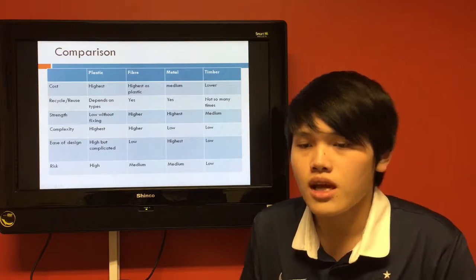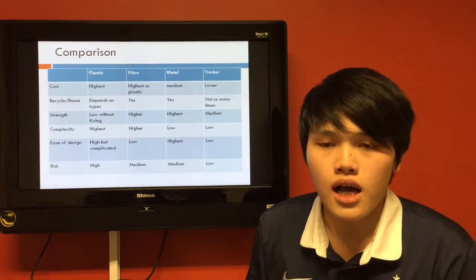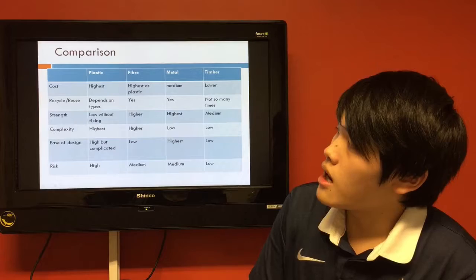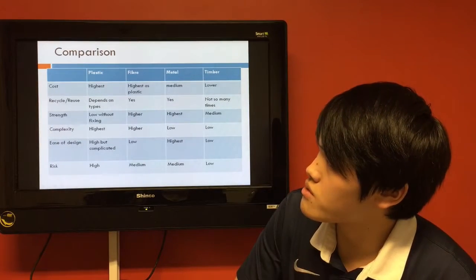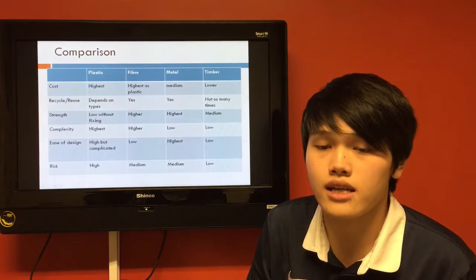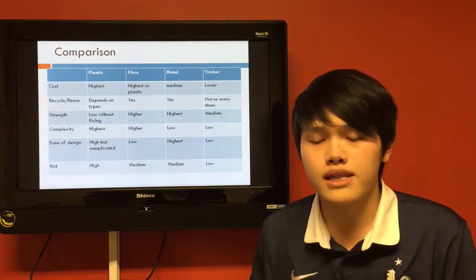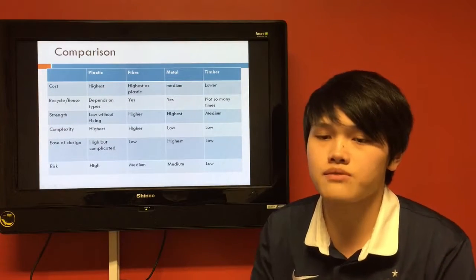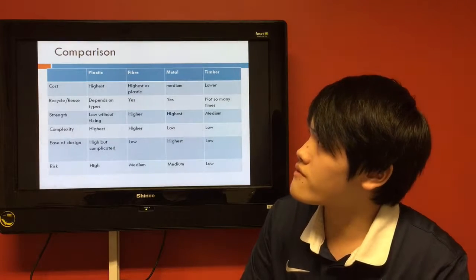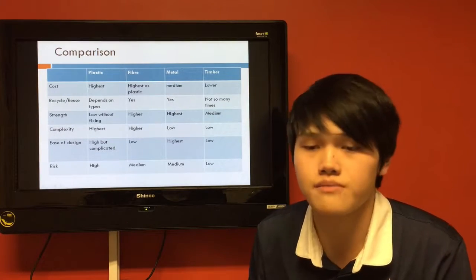Metal will be medium, and the lowest one will be timber. When we talk about being more environmentally friendly, we will talk about recycling and whether it can be reused. Plastic, of course, can be reused many times, but it depends on the type, because some types of plastic formwork can only be used not more than 100 times.